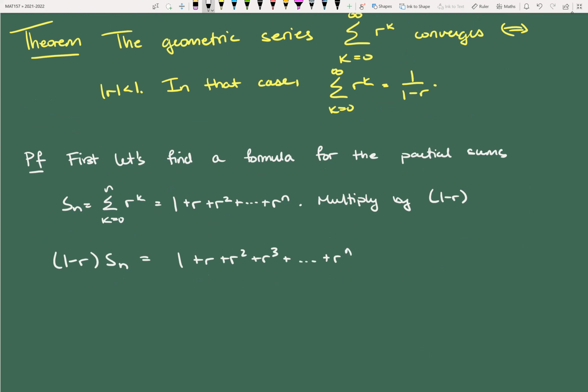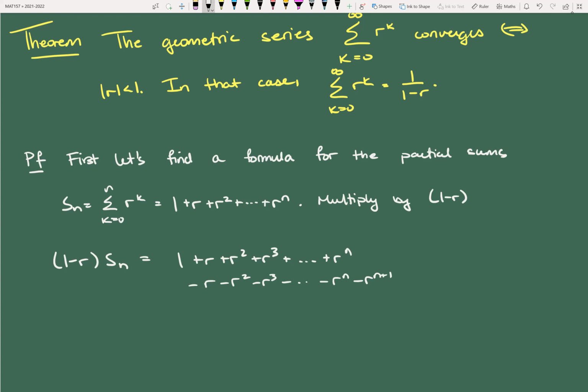Now I'm going to multiply the r in, and this is what we get. I've suggestively written them stacked on top of each other so that you can see you end up getting a telescoping series again.